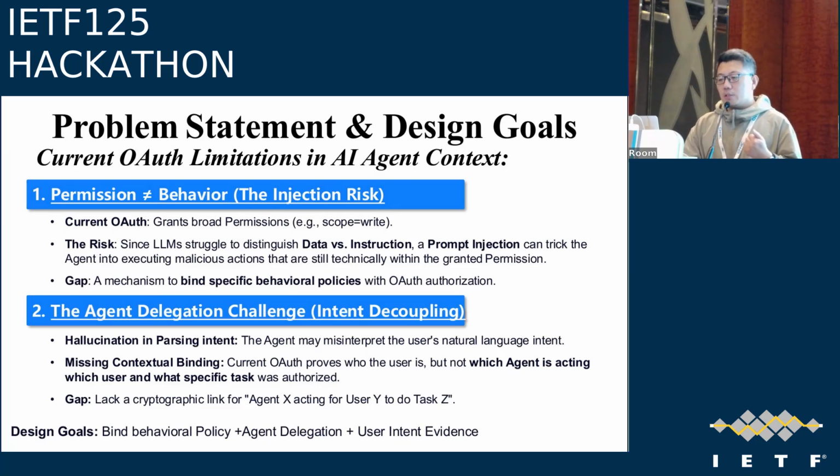Secondly, the agent delegation problem is not only identity delegation, but also intent delegation, because you cannot trust the agent to pass the user's intention correctly due to hallucination. So the solution is to bind the policy, the agent delegation, and the user intent together in the authorization framework.